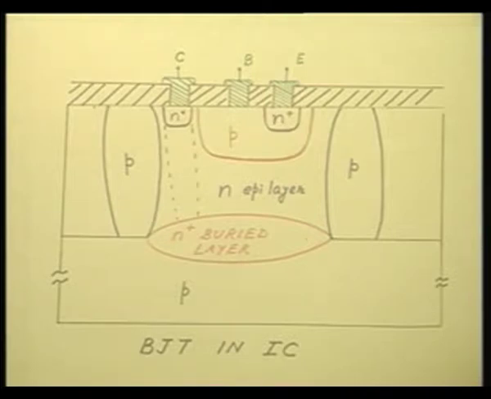Okay. So, the buried layer has essentially two requirements. The first requirement is that the surface concentration of this buried layer should be comparatively low. If the surface concentration is not low, then there will be considerable auto doping from this buried layer, and the epitaxial layer doping concentration itself will get modified to a large extent.